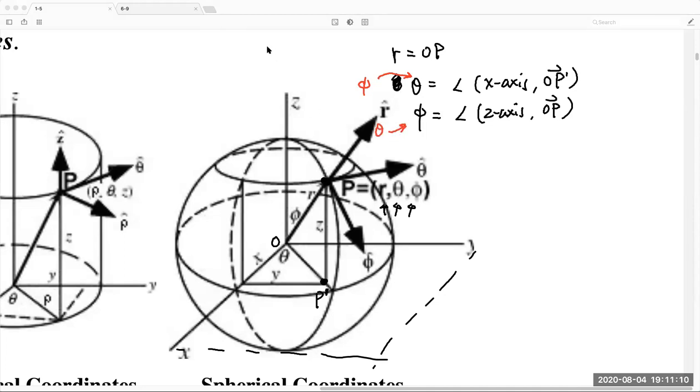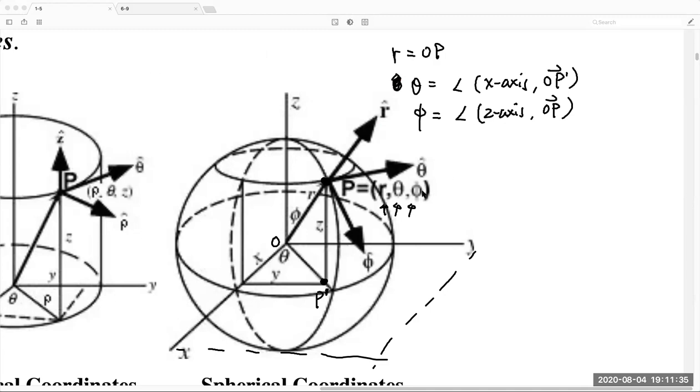So it really depends on which textbook you are using, and you need to read the textbook yourself to see what the notation is. The textbook we will use soon in electromagnetism uses phi to represent this angle and theta to represent the other.